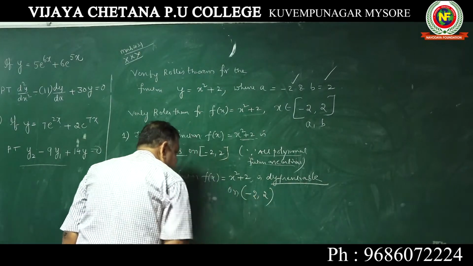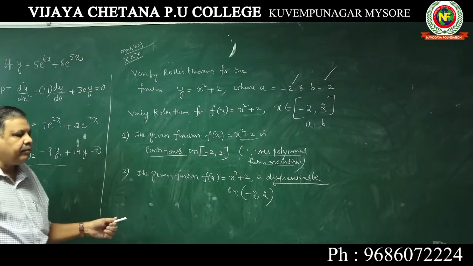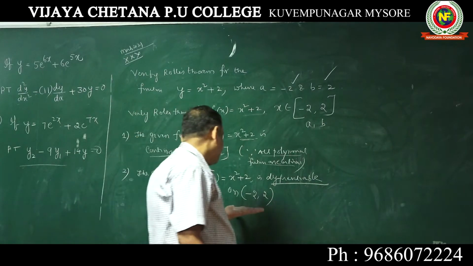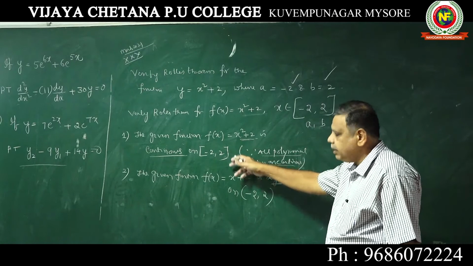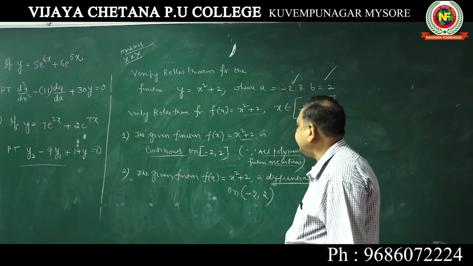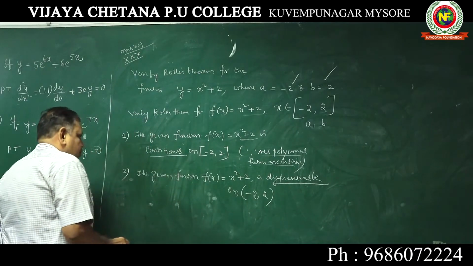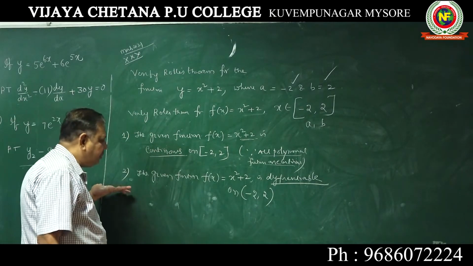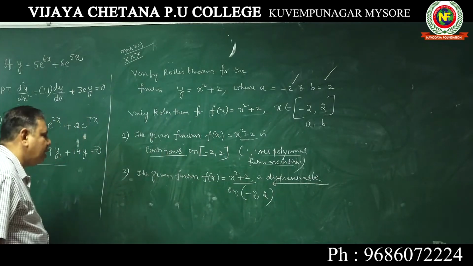The given function f(x) is equal to x squared plus 2 is differentiable on minus 2 comma 2. When writing continuity, you should write the closed interval. When writing differentiability, you should write the open interval minus 2 comma 2.